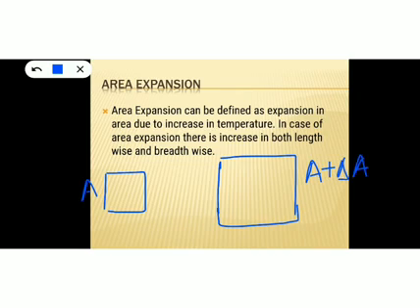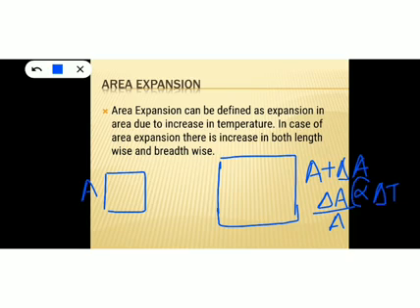So, what is the fractional change in area here? Fractional change in area is the change in area divided by original area, that is delta A by A. And this fractional change in area will be proportional to delta T, the change in temperature.